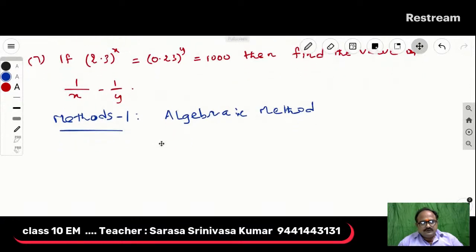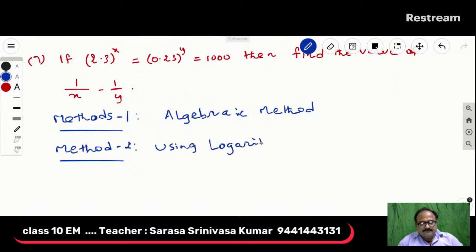Now method 2, it is using logarithms. In today's session, we discuss method 2.